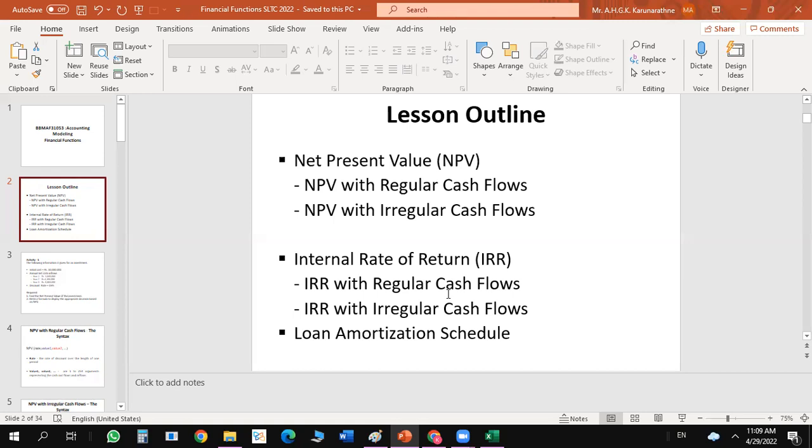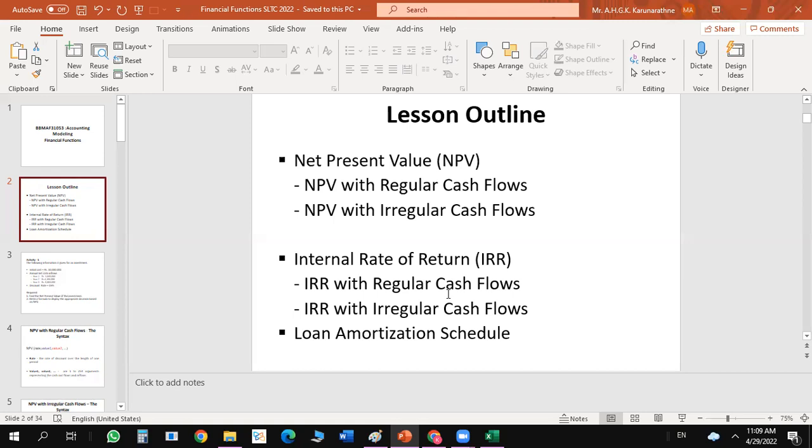So the general rule is reject projects with negative NPV, right? That's the general rule. But in extreme cases, managers might consider accepting a project with a negative NPV for strategic purpose.